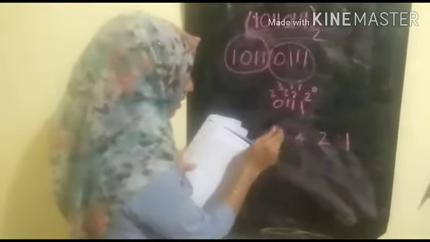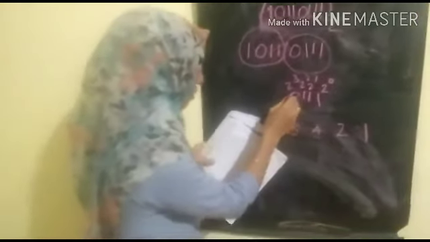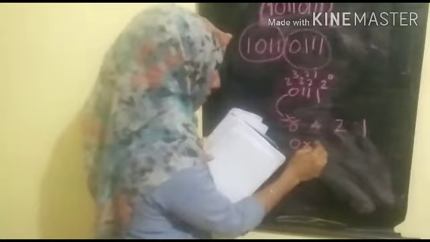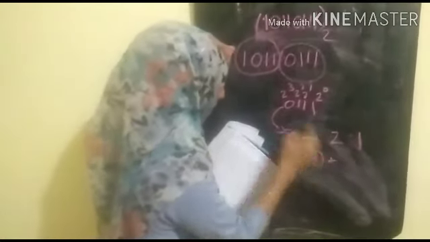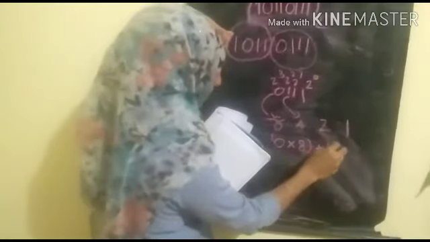Now multiply: 0 into 8 plus 1 into 4 plus 1 into 2 plus 1 into 1.